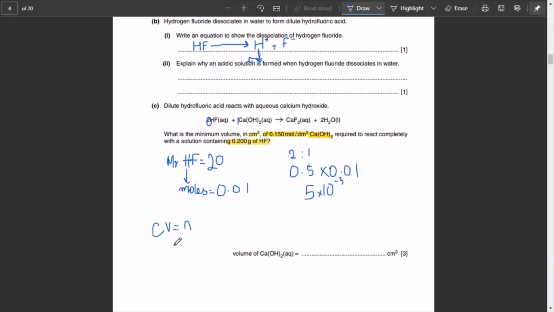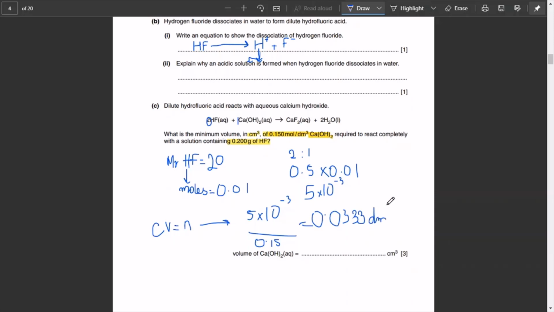If we derive it, it's going to be n upon C. So n upon C would be 5 into 10 to the power minus 3 upon 0.15, which is 0.0333 dm cube.